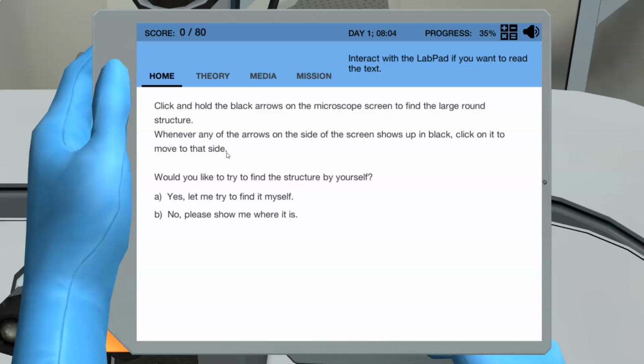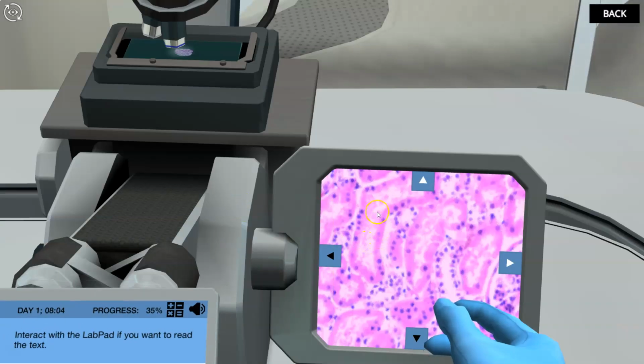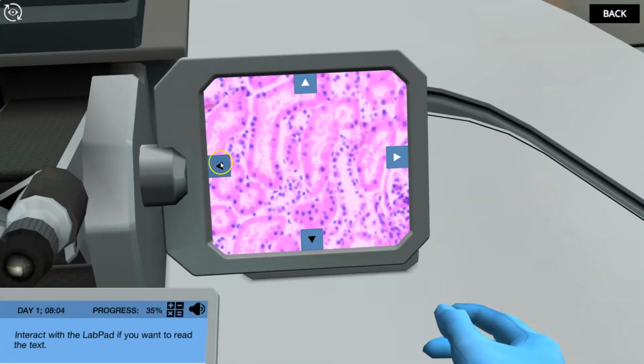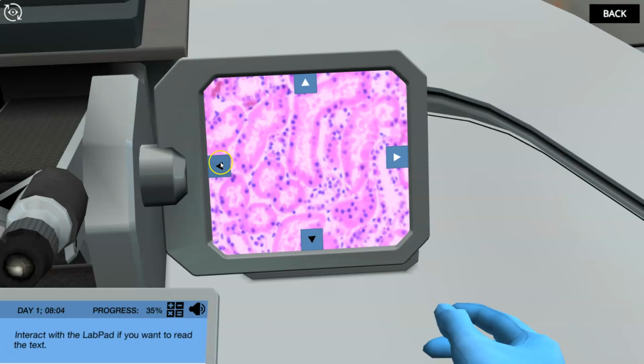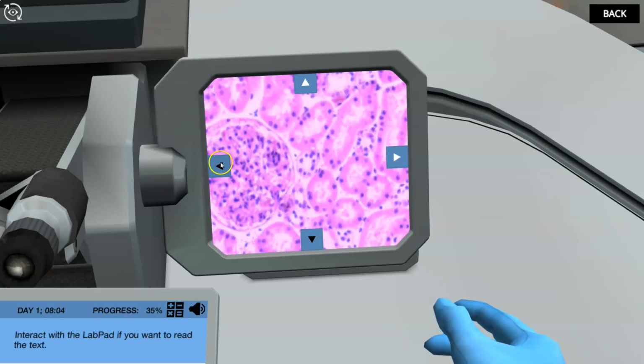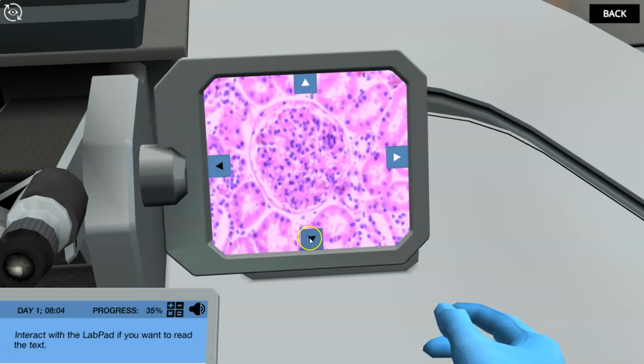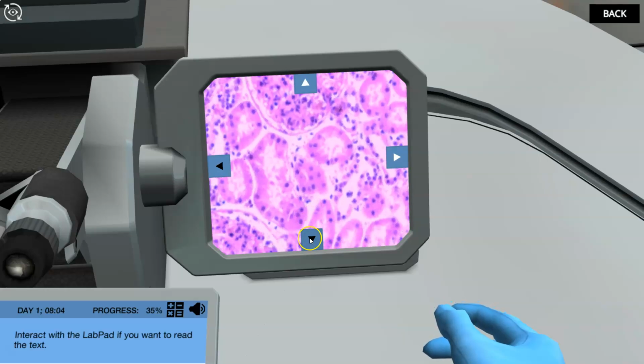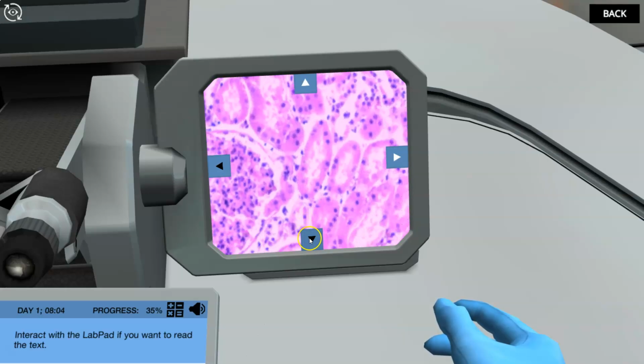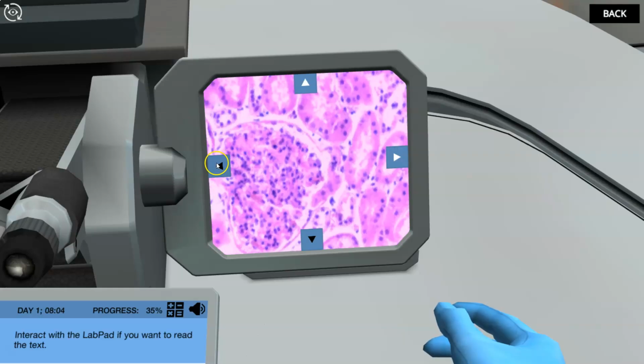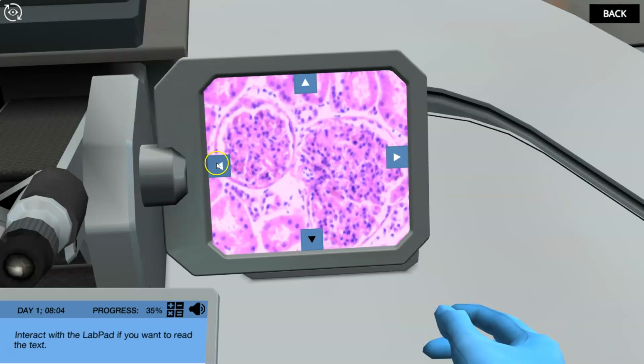Would you like to try to find the structure by yourself? Click on the lab pad for more information.